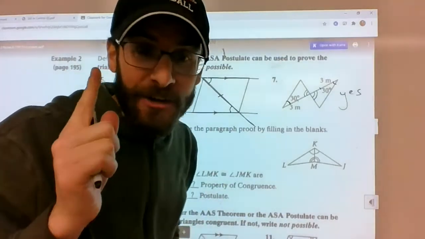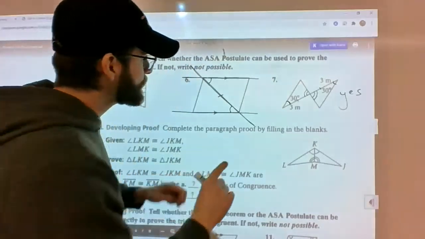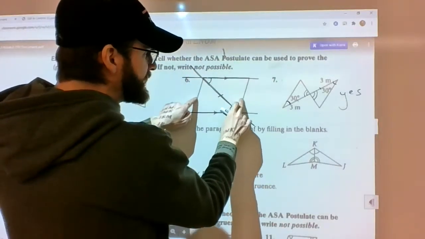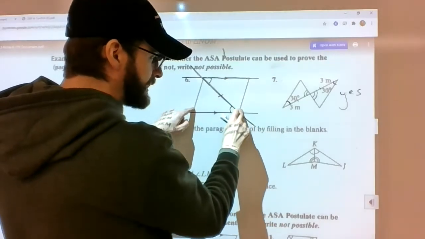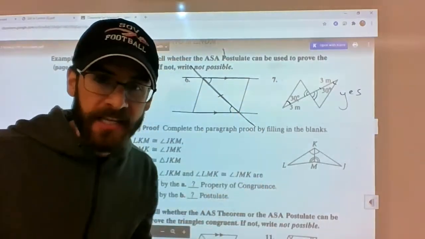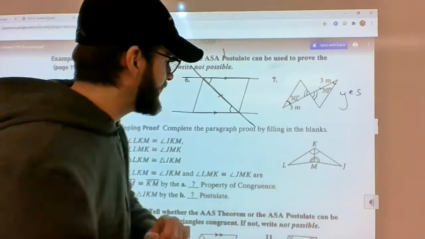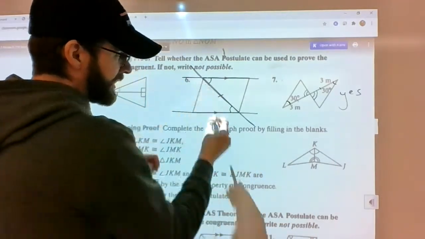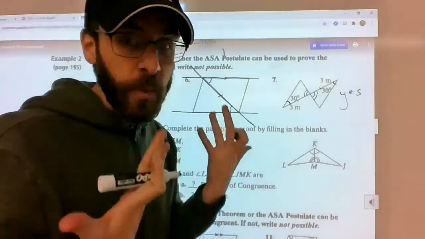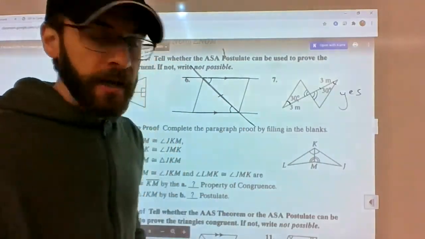However, we don't got it, and here's why. Since there's no indication that these 2 sides are actually parallel to one another, we cannot say that this little sliver here is congruent to that little sliver there. We basically just have to say, we don't know. So, here's what's happening.